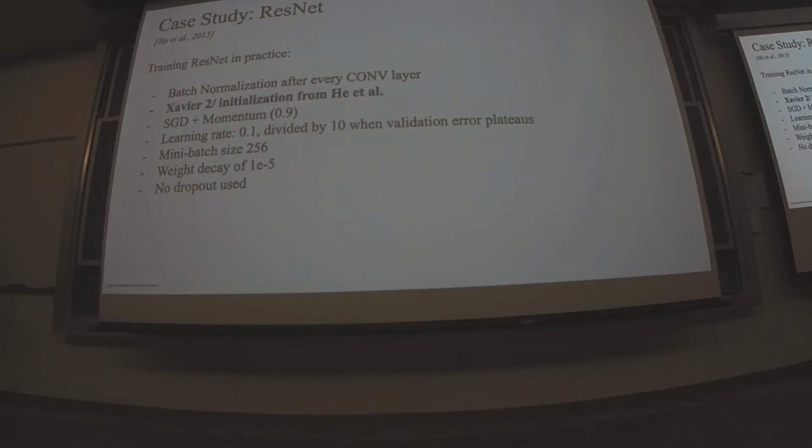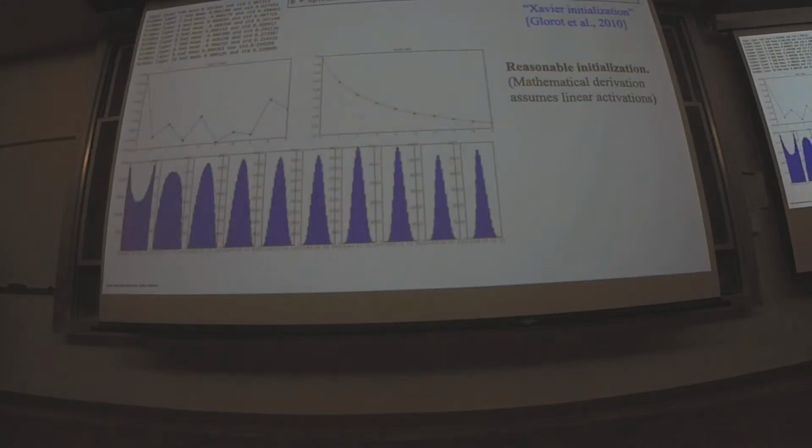So what does this Xavier 2 look like? Remember this picture we looked at last time? We justified this formula up here for how to randomly initialize your weights. And there was a question about what about ReLUs, because ReLUs aren't just these nice Gaussians. They did all this math to justify it for the linear activation case, and it basically worked when we did ReLUs. But now that we're training much deeper networks, it turns out it wasn't such a great initialization.